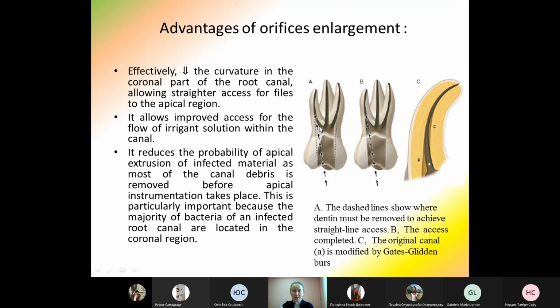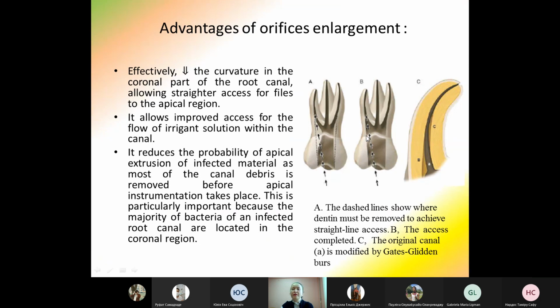As well, orifice enlargement reduces the probability of apical extrusion of infected material, as most of the canal debris is removed before apical instrumentation takes place. This is particularly important because the majority of bacteria of an infected root canal are located in the coronal region.